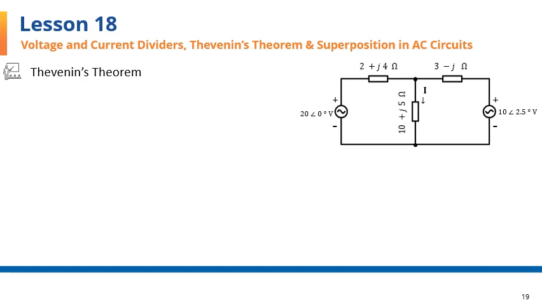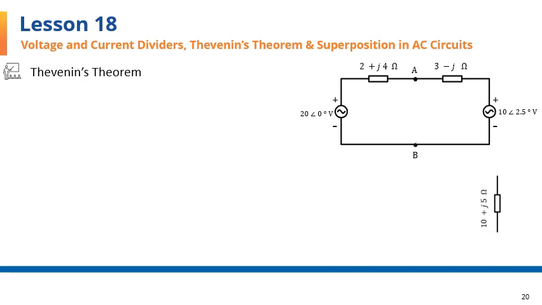Using Thevenin's theorem, we're looking for I. The voltage sources are given, and the three impedances. The first thing we need to do is to remove the center impedance, as I've done on this page here. Once the impedance is removed, I'll find the Thevenin equivalent circuit of the remaining circuit viewed from the port AB.